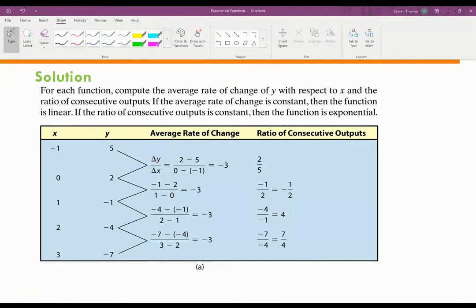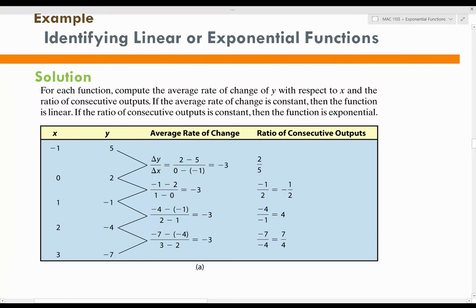Okay, so if the average rate of change is constant, that means that the function you've been given can be represented by a linear function. If the ratio of consecutive outputs is constant, that means that your function can be represented by an exponential function.